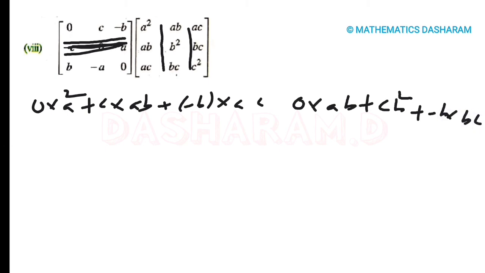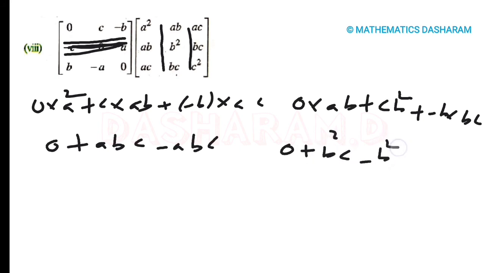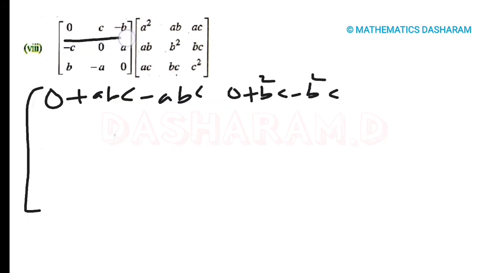So here I am simplifying because I don't have space to write next to it. 0 into a square is 0 plus c into ab is abc and minus b into ac is minus abc. Next, 0 into ab is 0, b square c. Next, minus b into bc is minus b square c. Next, the third one. Next, same first row but multiply with the third column.